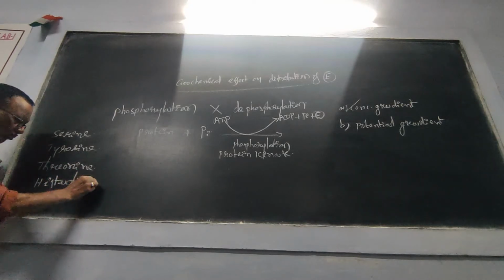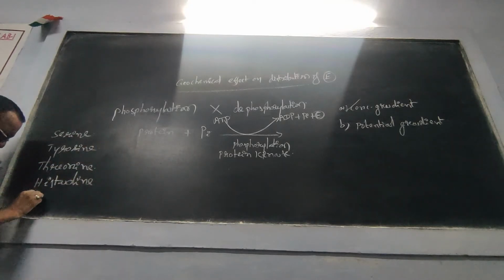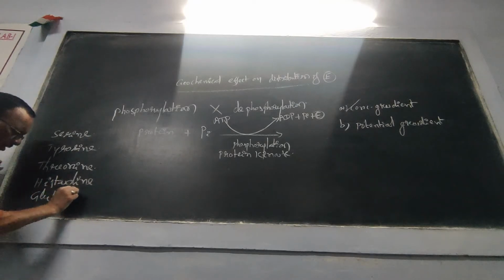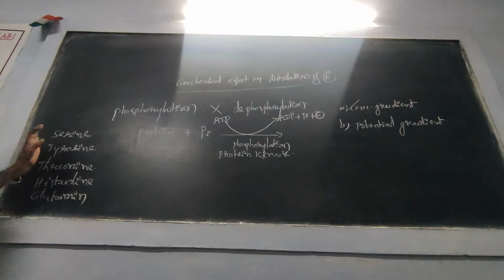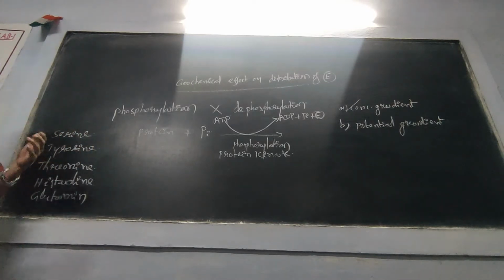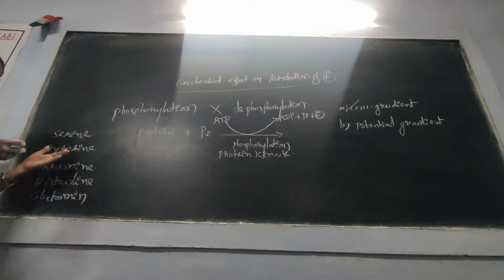You can take one more, because we have this one also, glutamine. These are all amino acids. So first of all, don't get frightened. You can easily remember these names if you read them twice or thrice.